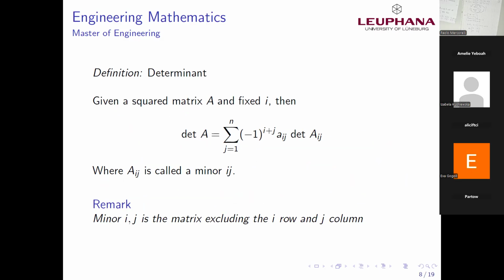At this moment, try to forget the definition, because the definition is quite cryptic. Let me nevertheless say that A by J is called a minor IJ. What is a minor? Minor, in German, would be klein.